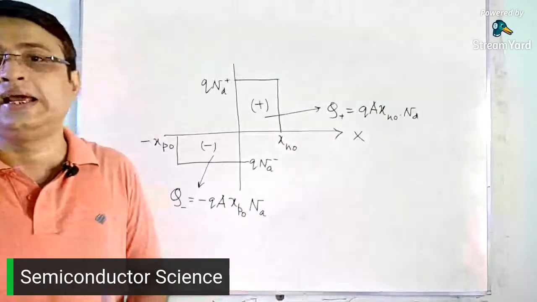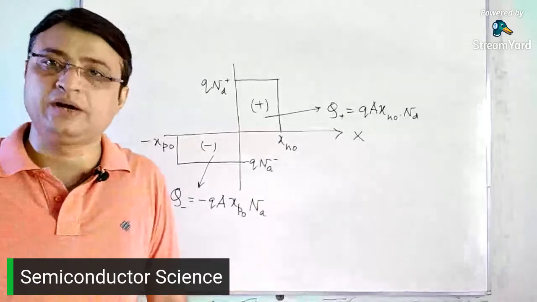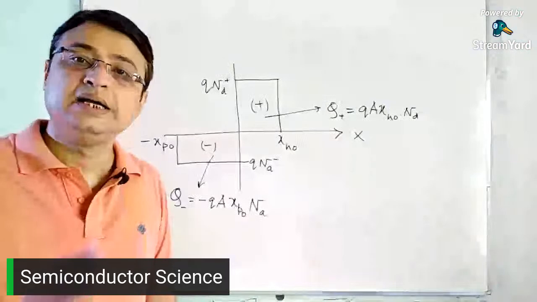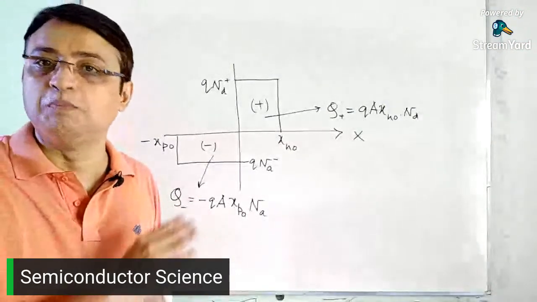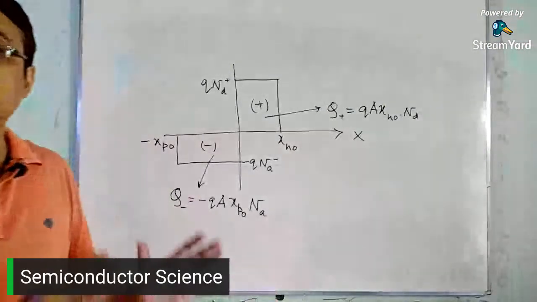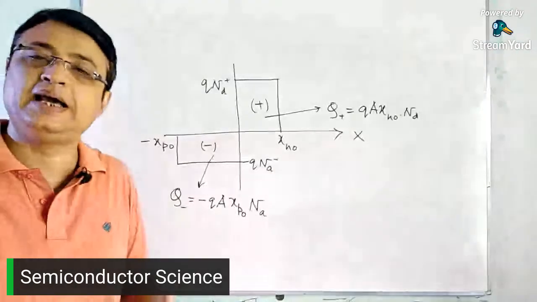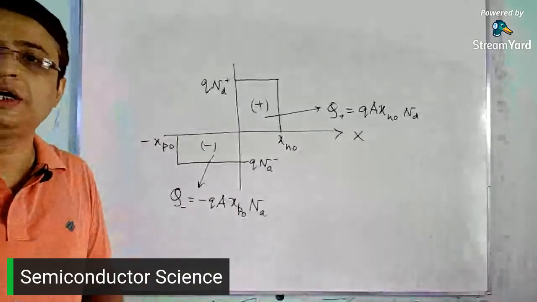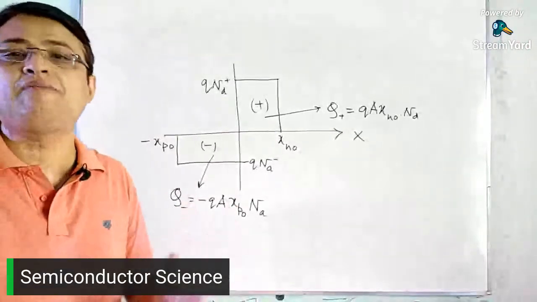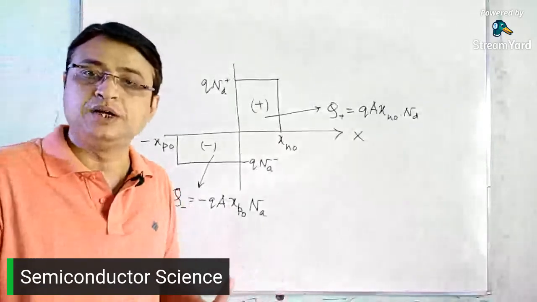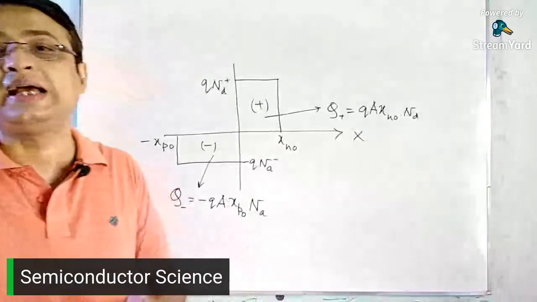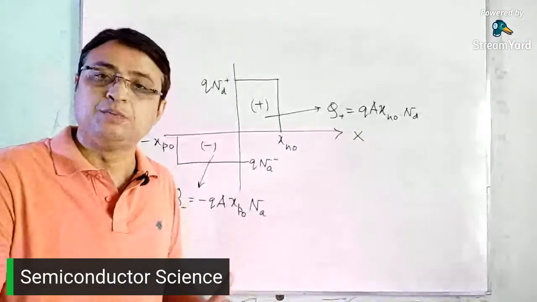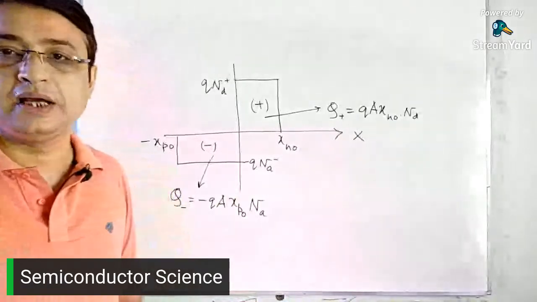Now, if Na and Nd are not equal, we still have to make capital Q plus equal to capital Q minus. Because the cross-sectional area capital A is equal and the charge small q is equal, we have to adjust xp0 or xn0 accordingly, just to make capital Q plus equal to capital Q minus.